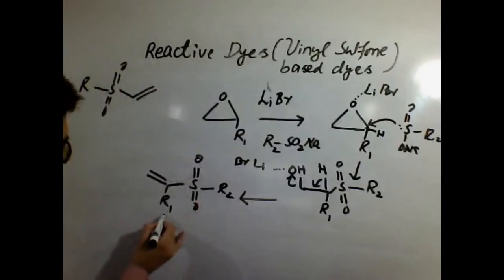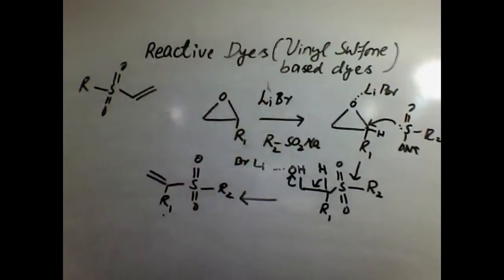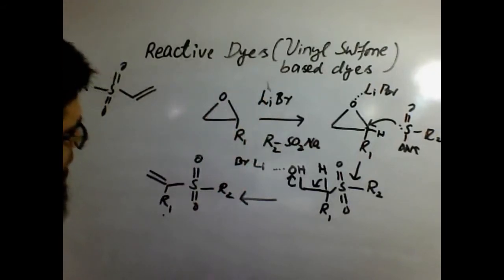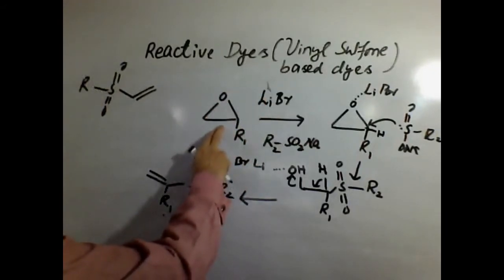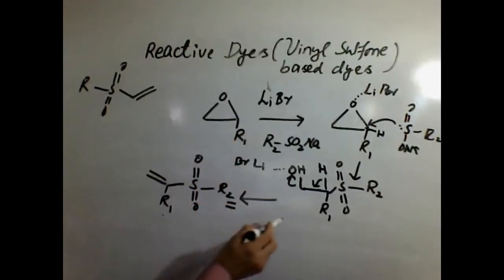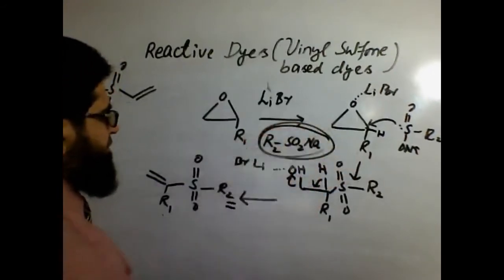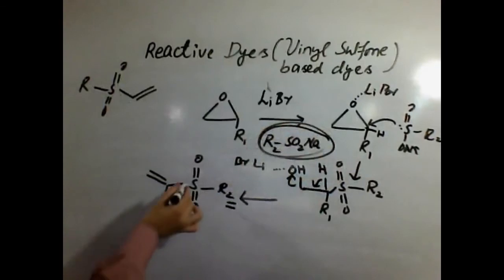This R belongs to the epoxy ring, and this R2 has come from this molecule. So as a result, we have a vinyl sulfone present in a single molecule.